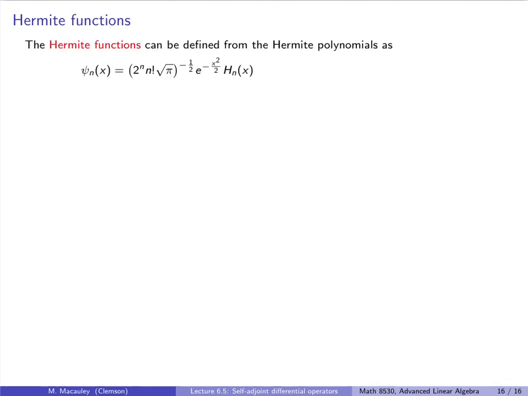Just for fun, there are some so-called Hermite functions that can be defined from the Hermite polynomials as follows. These are denoted psi n of x, and they are (2 to the n times n factorial times root pi) all to the minus 1/2, times e to the minus x squared over 2, times Hn of x. So this looks complicated, but remember that the square root of this term here is just the norm of Hn of x.